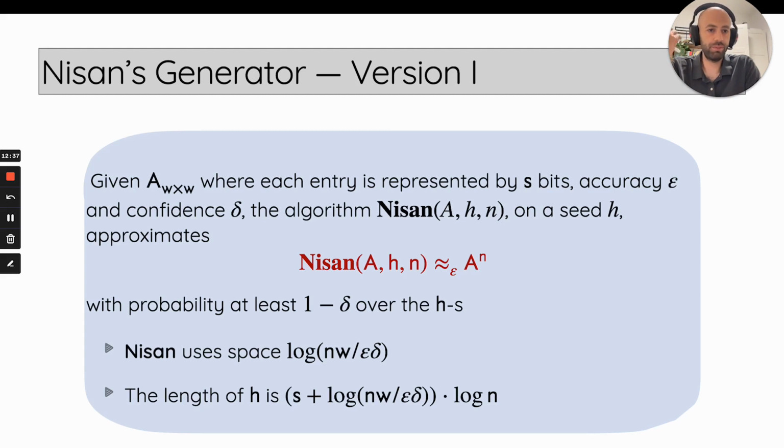In terms of parameters, this is Nissan's generator as we view it in this talk today. We're given a W by W matrix A, where each entry is represented by S bits.